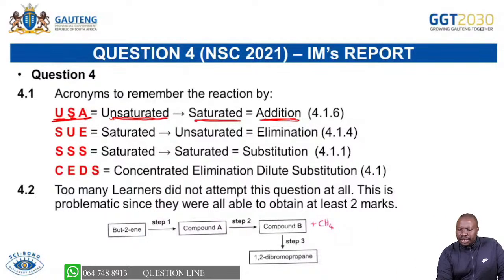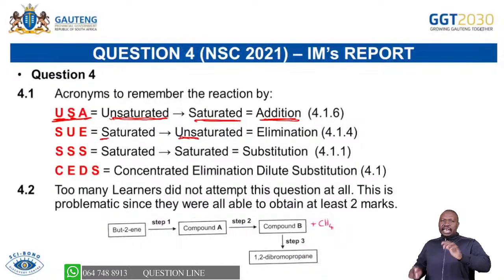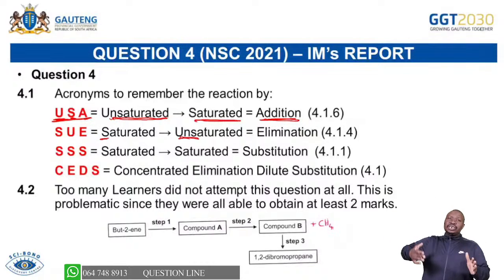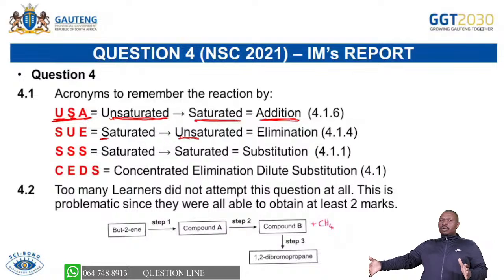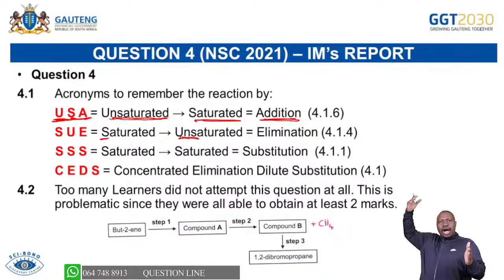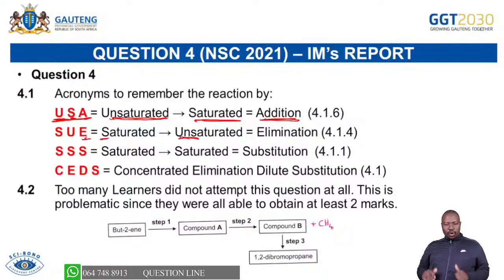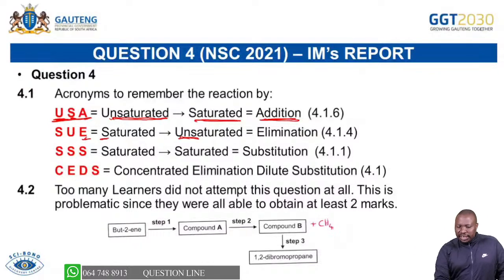Now, when you are having saturated becoming unsaturated, a structure with single bonds between carbon atoms only, now becoming a double bond, you know that we are moving from saturated to unsaturated. The reaction must be elimination. So we are together. When we are having saturated remaining saturated, we say substitution.